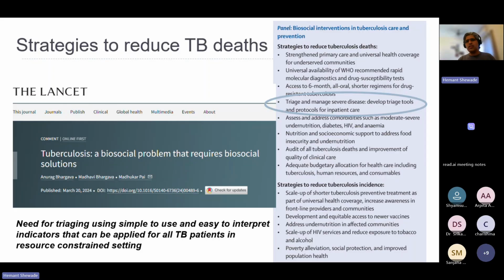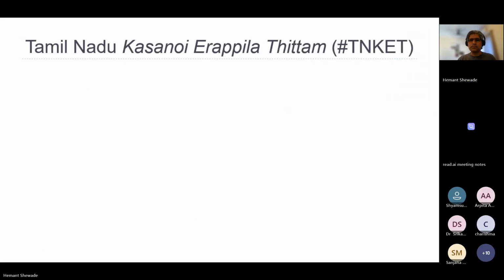One of the many strategies is to triage and manage severe disease, and develop triage tools and protocols for inpatient care. One of the conclusions was that there is a need for triaging using simple to use and easy to interpret indicators that can be applied for all people with TB, even in resource constrained settings.